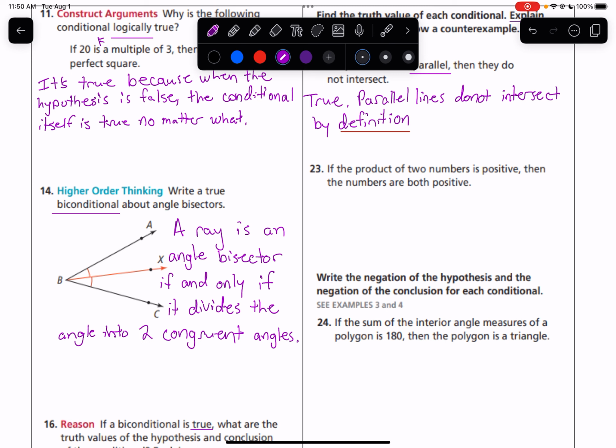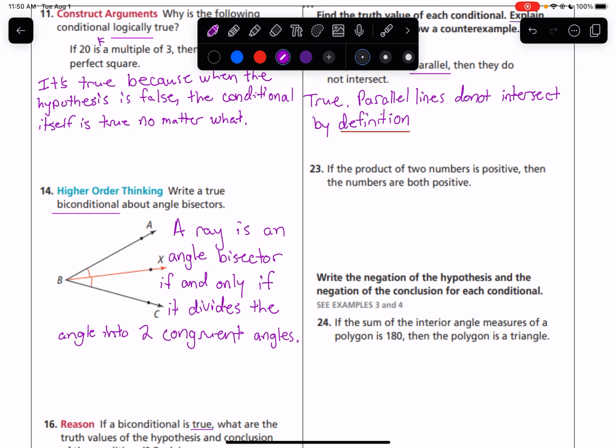So this says if we multiply two numbers and the answer is positive, then we know that those two numbers must both be positive. So we could try to find a counterexample, or we could say that this is true and explain why. In this case, I know of a time where I can multiply two numbers and get a positive answer.